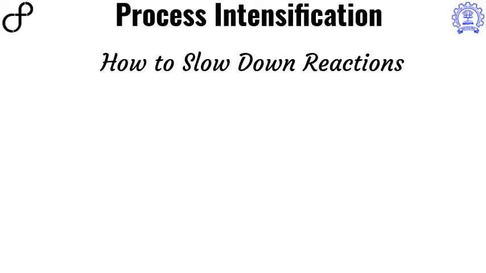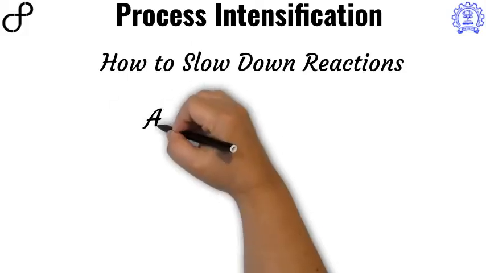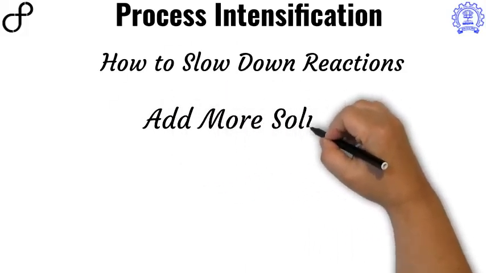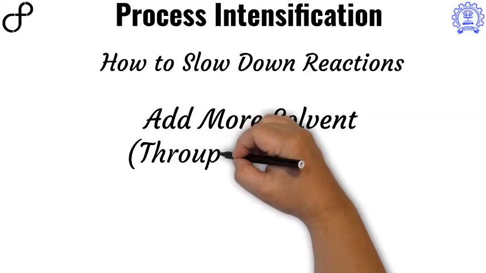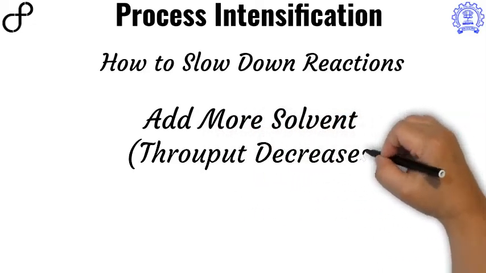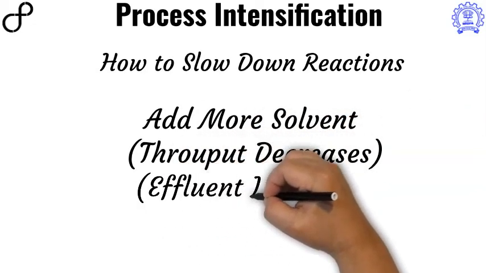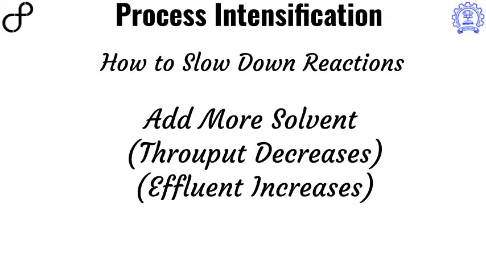The most common methodology to decrease the rate of the reaction is by dilution. This decreases the fraction of effective collisions and hence the rate of the reaction. However, the negative effect of this is a decrease in throughput and an increase in effluent.